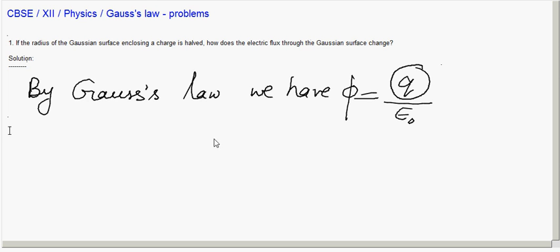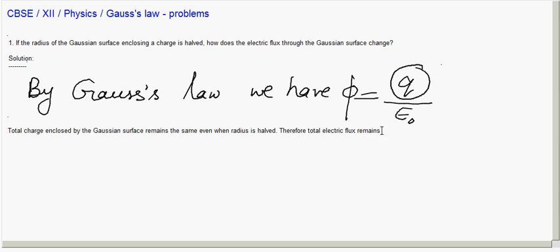So we'll write the answer. Total charge enclosed by the Gaussian surface remains the same even when radius is halved.